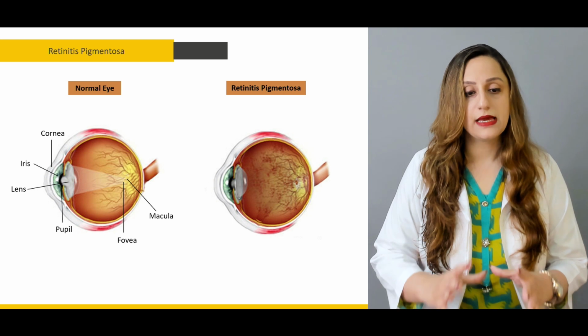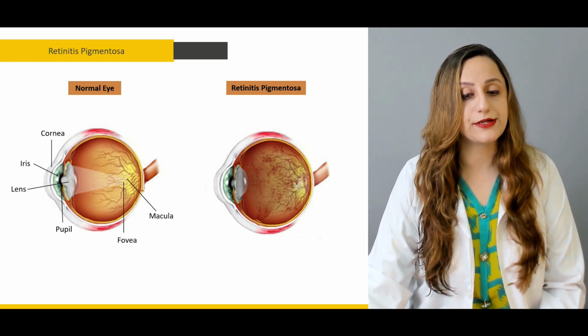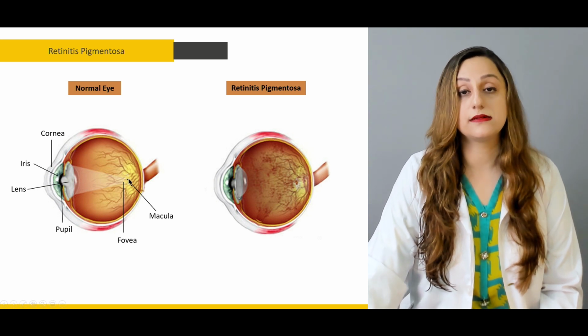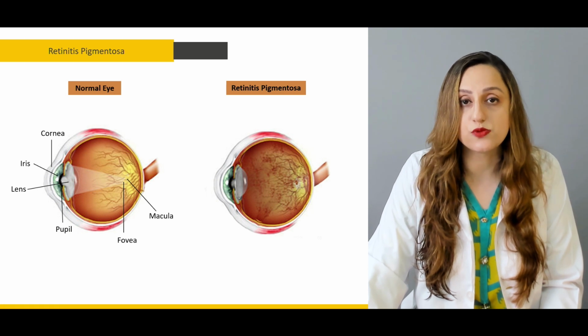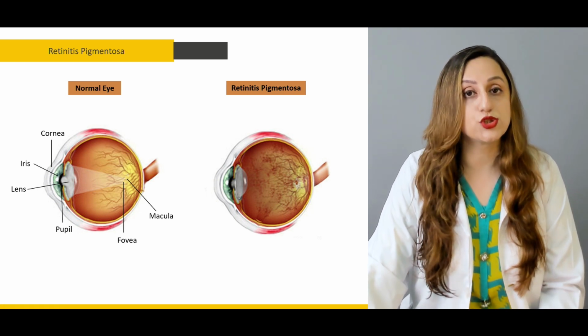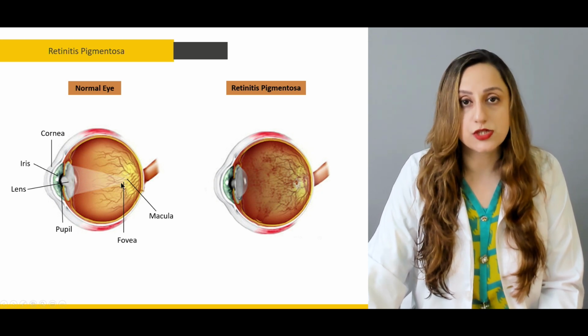As you can see, there is a cornea and we have the fovea here. The macula is the area of the retina that is responsible for central vision in an individual. The clearest vision occurs at the fovea centralis, which is the most central part of the macula.